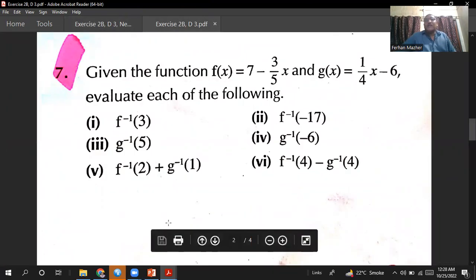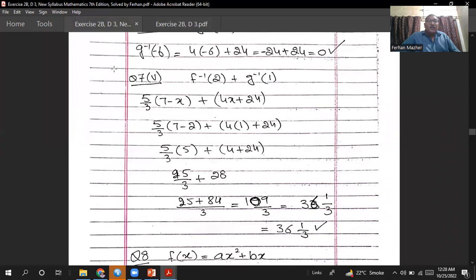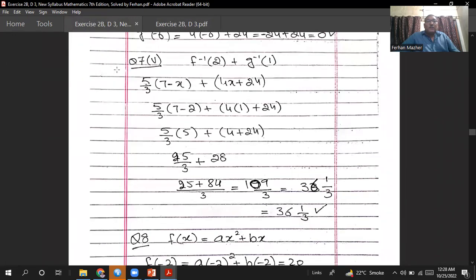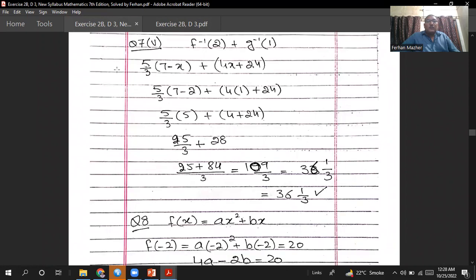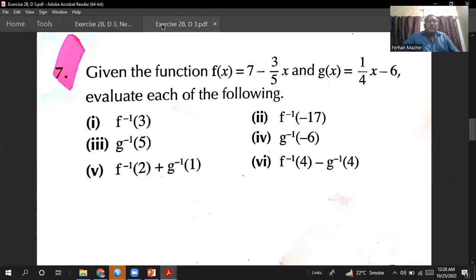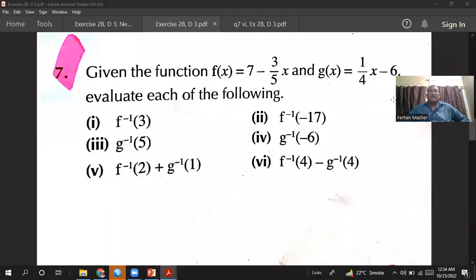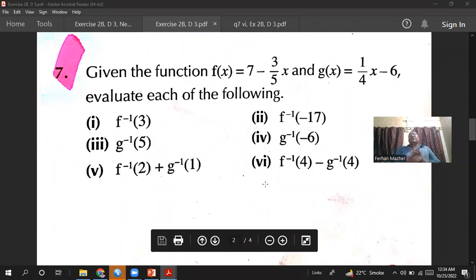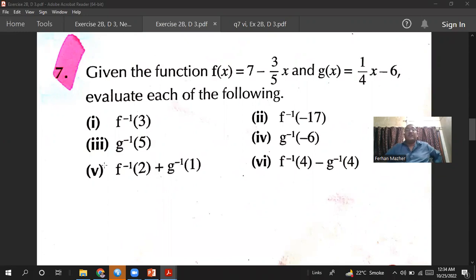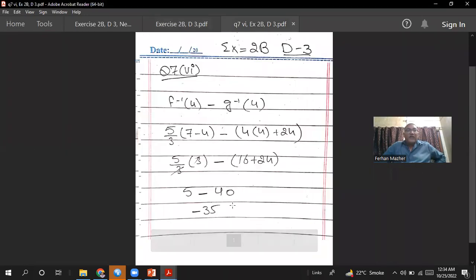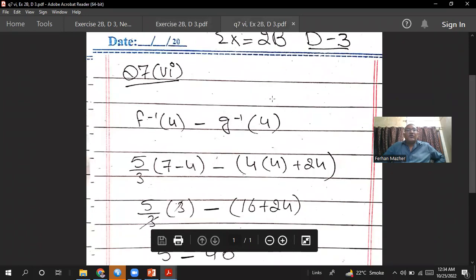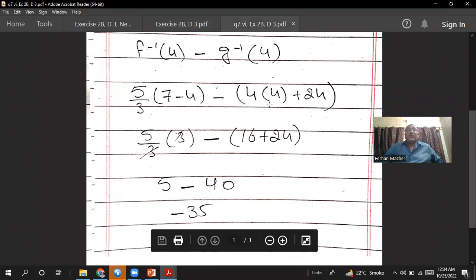So question number 7, sixth part, from exercise 2B: f inverse of 4 minus g inverse of 4. Here on your screen it's showing up.